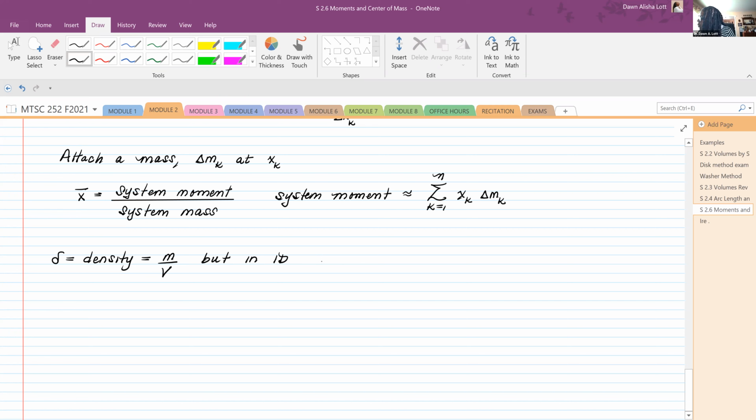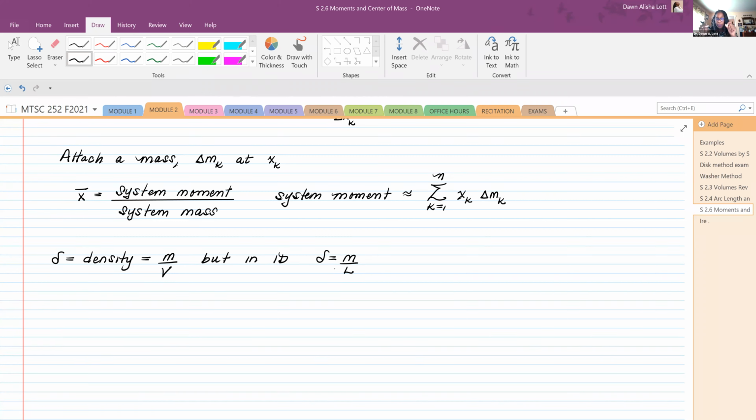So density is mass per unit length. I don't have a 3D thing, I have a 1D thing, so I can't talk about the area or the volume, I can only talk about the length.